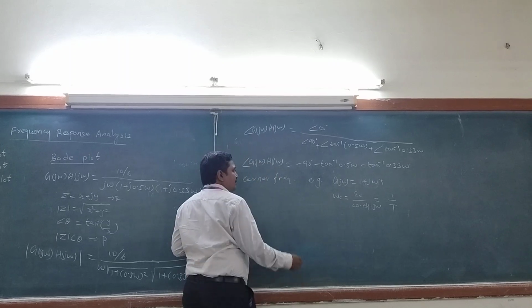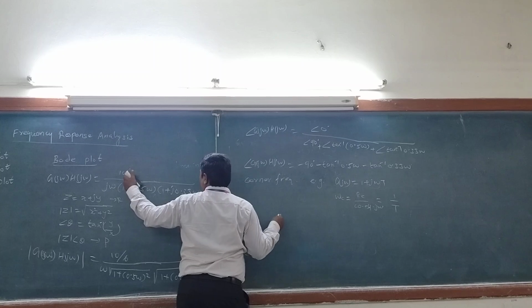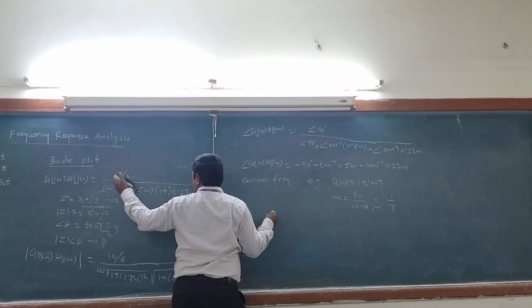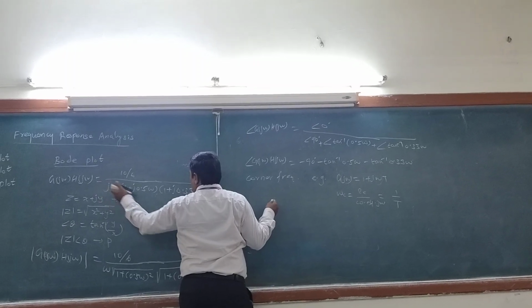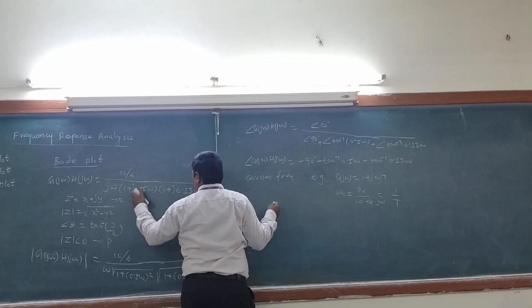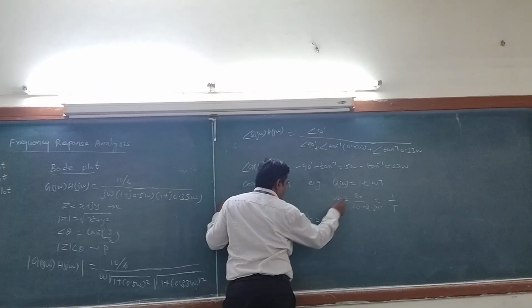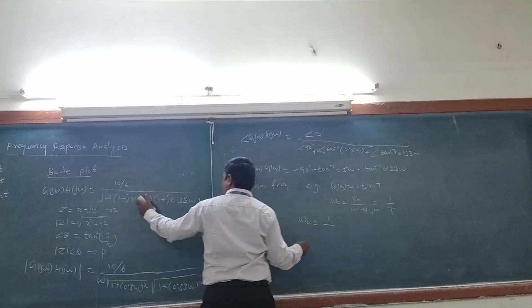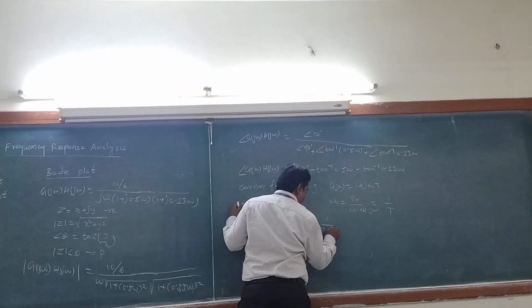The same way, find it for the denominator. The numerator has no imaginary term. In the denominator, the real term for the first term will be 0. Only the second term and third term have corner frequencies. So omega c is equal to 1 divided by the coefficient of j omega, 0.5.